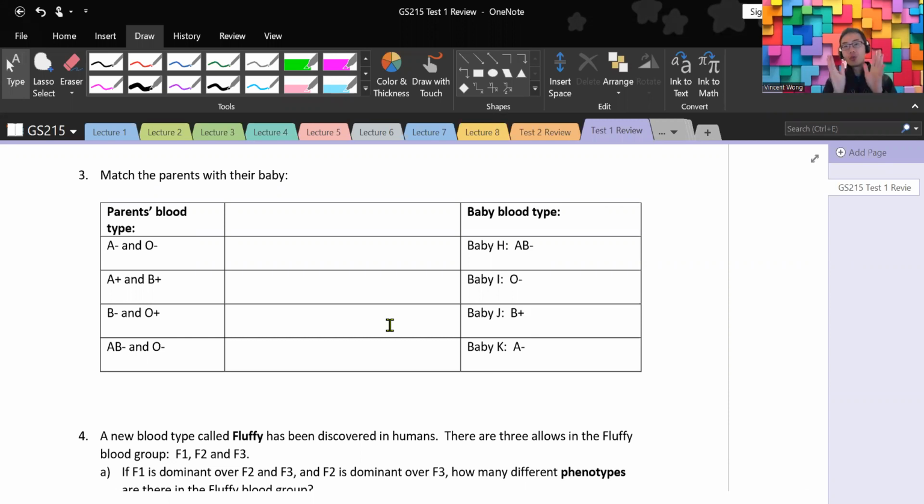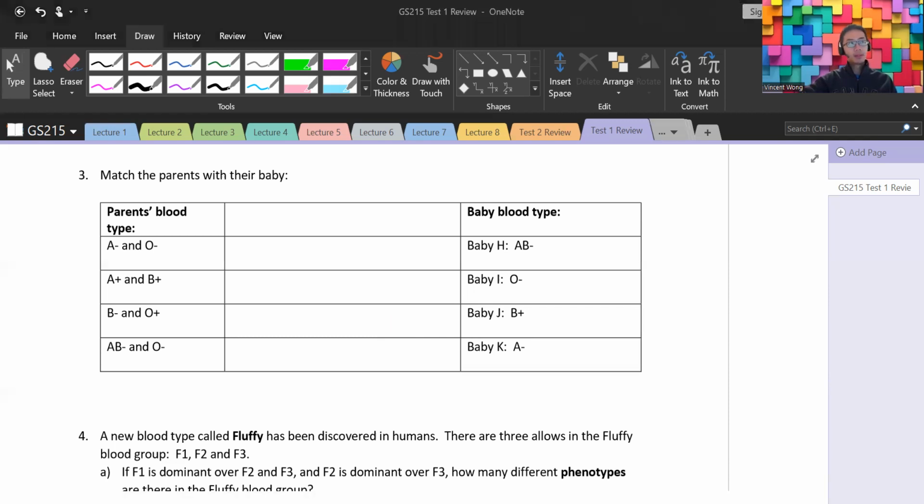Remember, when you see something like this, you do not draw the Punnett square, right? You use the 4 rules that I told you about, right? Like AB cannot have O babies, O cannot have AB babies. Remember those 4 rules? Okay, so go ahead, try that, and we will take it up in a bit.